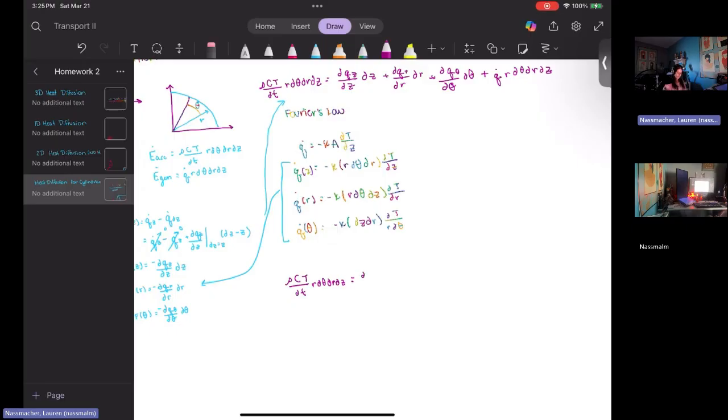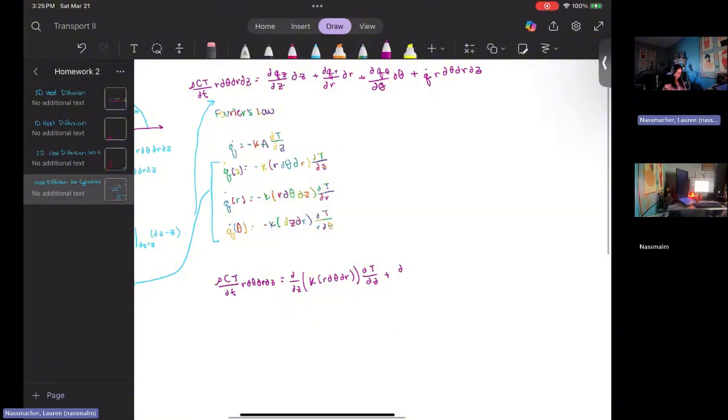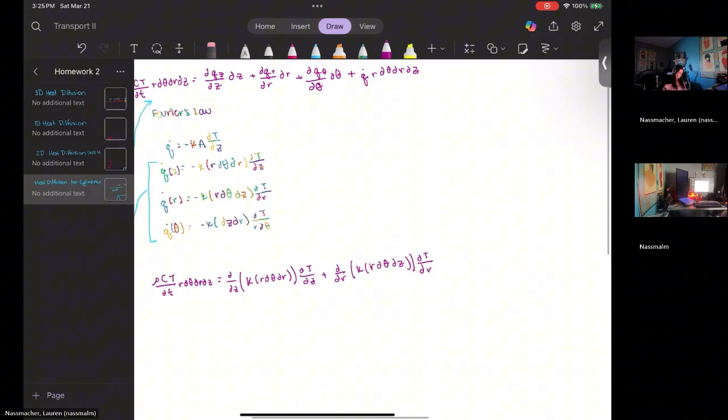So it's going to be positive over dz, we'll start with dz, multiplied by heat flow for change in the z direction, which is our thermal conductivity, our radius, change in temperature in z direction, plus our r direction, thermal conductivity, our radius, change in temperature over our change in our radius.